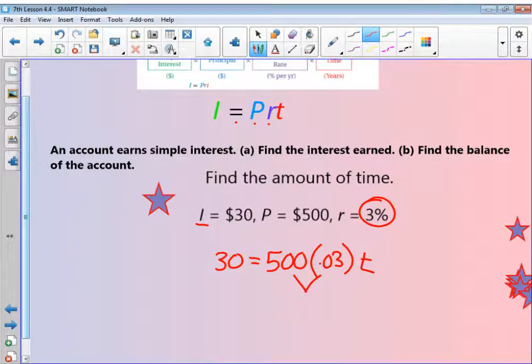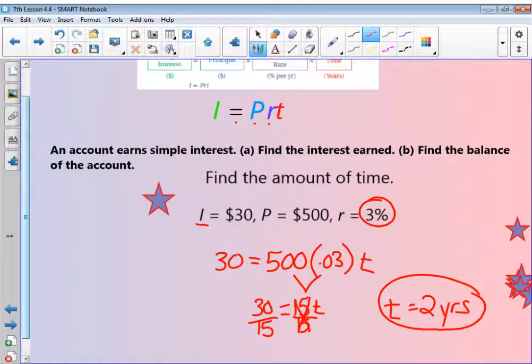So 500 times 0.03 gives me 15. I still have T left, and then I have a 30 here. So now I want to get T by itself, so we'll divide by 15. Divide by 15. 30 divided by 15, I just found out that the time equals 2, and it's 2 years.